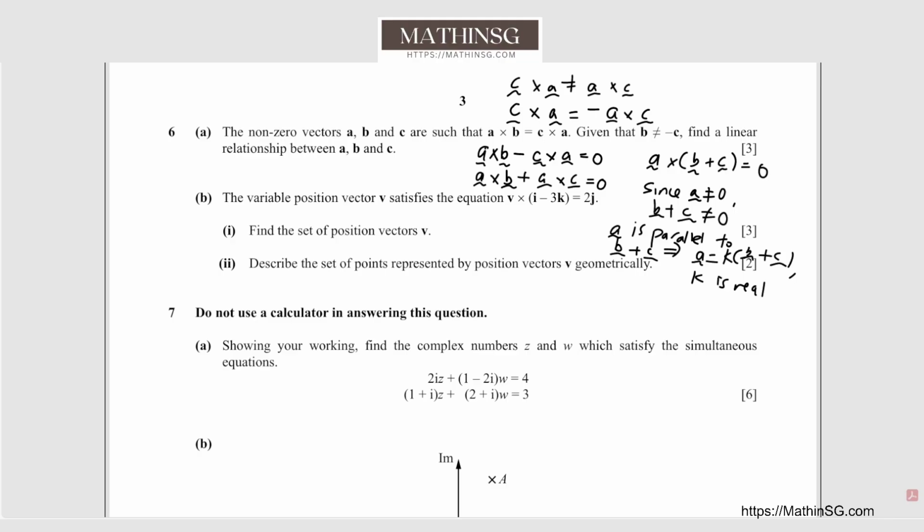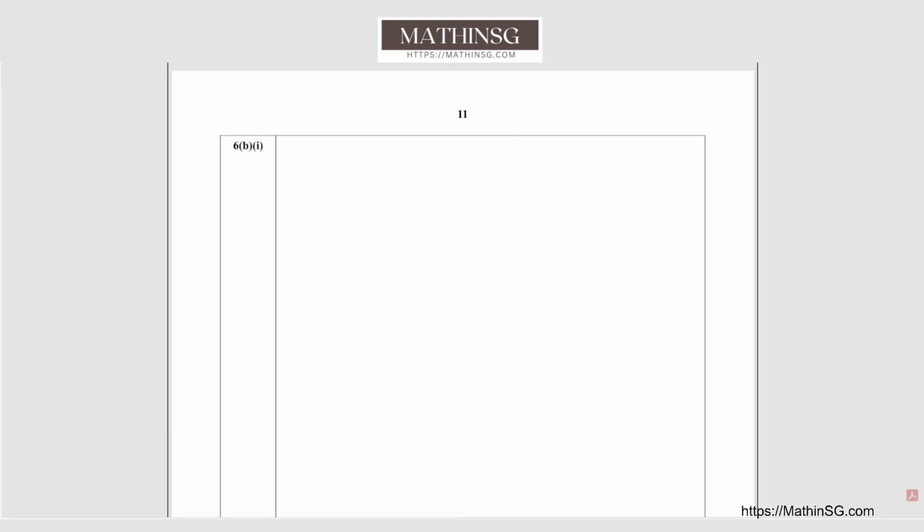So how do we make one side 0? We want to find a set of position vectors v. Let's write this out first: v cross (i minus 3k) equals 2j.